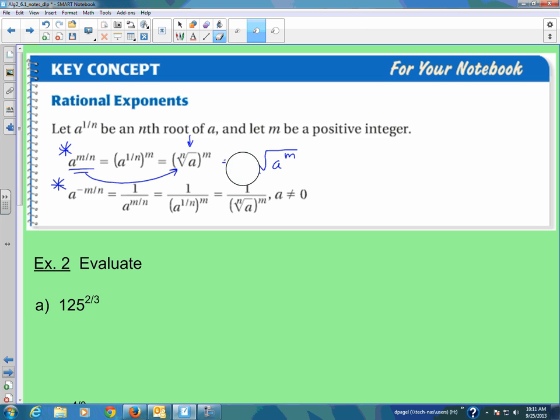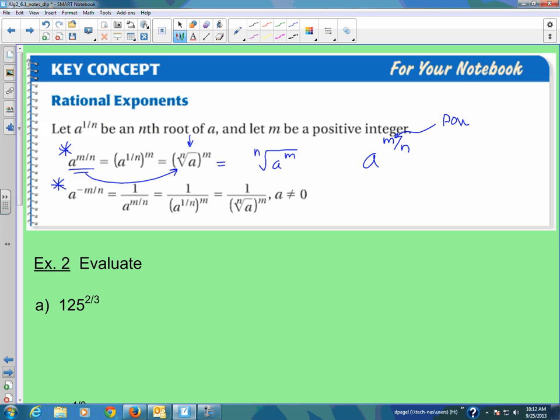You could see it written like that, where the power is on the inside of the radical for the second example, and on the outside for the first example.